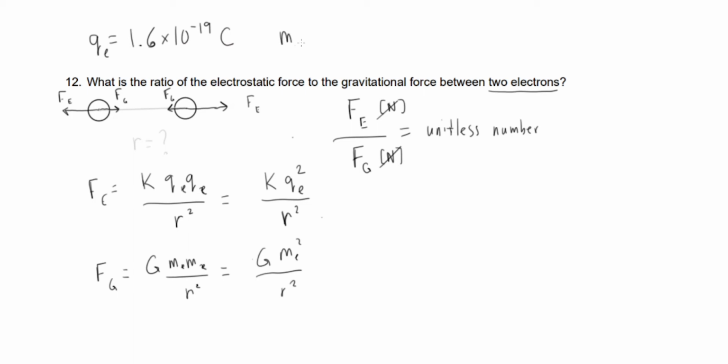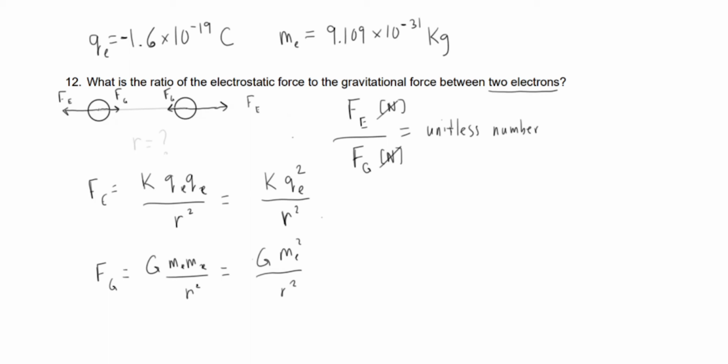The mass of an electron, which I admit I don't remember as easily as the charge of an electron, is 9.109 times 10 to the minus 31 kilograms. Now, true, the charge of the electron is negative. It won't matter here, though, because both Coulomb's law and Newton's universal law of gravitation give you the magnitude of the forces, so don't worry about the sign. It's squared anyway, so the sign will work out.